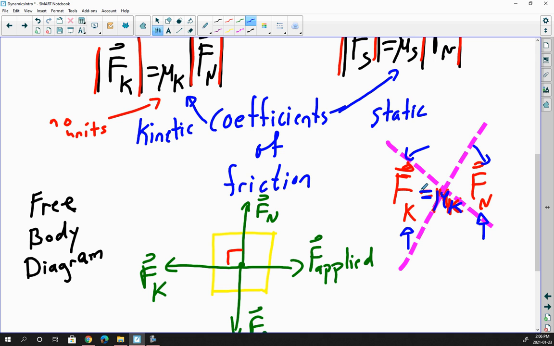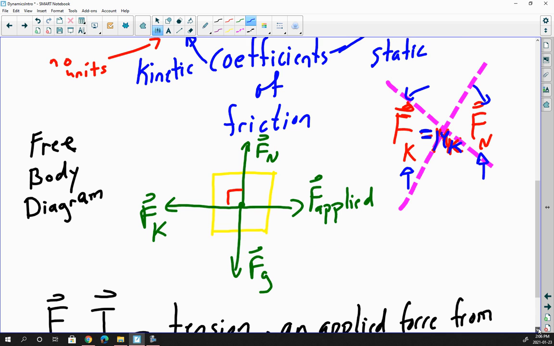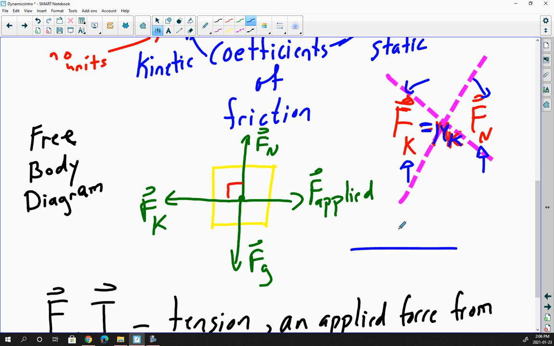They can't be equal. If you take a look at a free body diagram, here is a box, and I'm pushing this box. So there's my applied force. There's the force of gravity on the object. There's the normal force on the object.